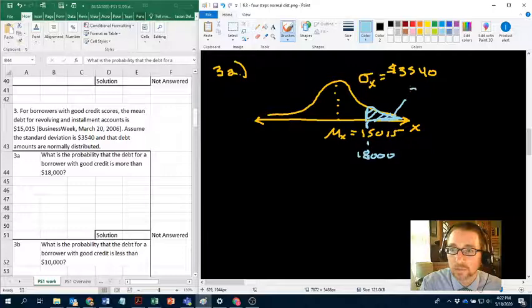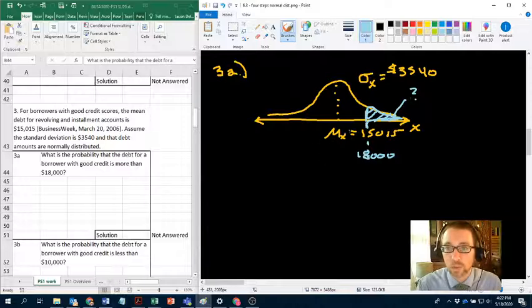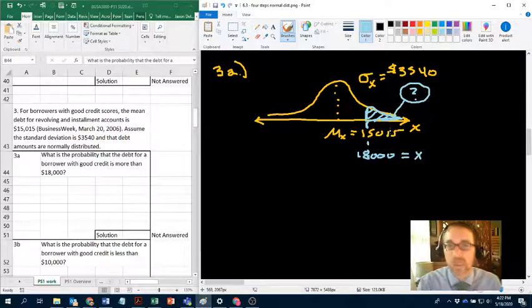That's our question. And that is the end of step 1, because we have 3 of the 4. We have mu, we have sigma, we have x, and we don't have the area. Area, that's the 4th thing, is the thing we need, and so we need to find that. And that's the end of step 1.